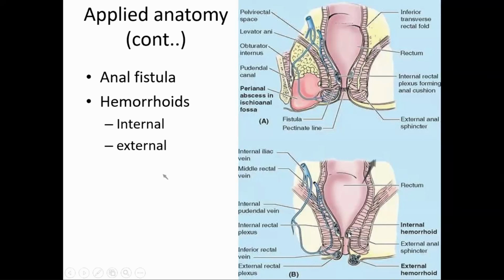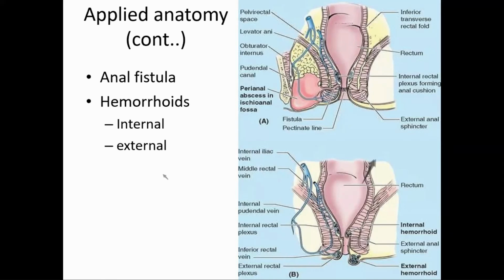Internal hemorrhoids are supplied by the autonomic nervous system, so they are insensitive to pain, whereas external hemorrhoids are painful because they are supplied by somatic nerves.